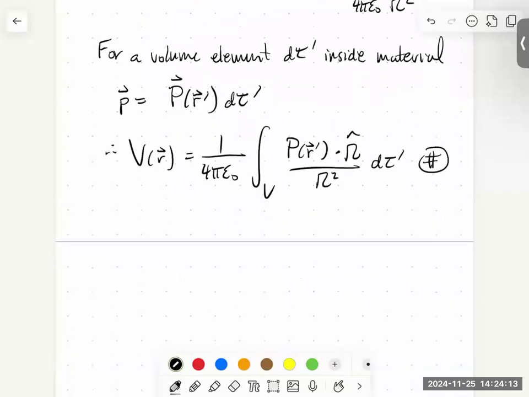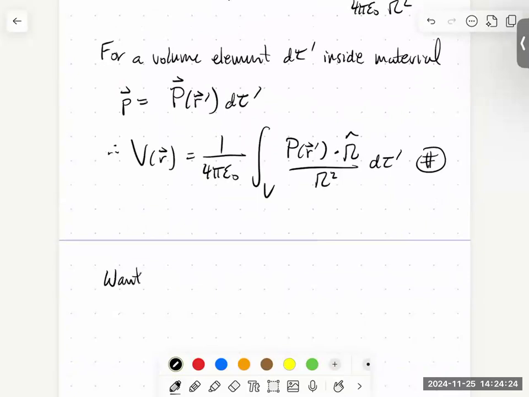But what we're going to do is try to re-express this potential in a way that will be a little more revealing to what's happening in these materials. So we want to re-express this in a more convenient, more revealing form.